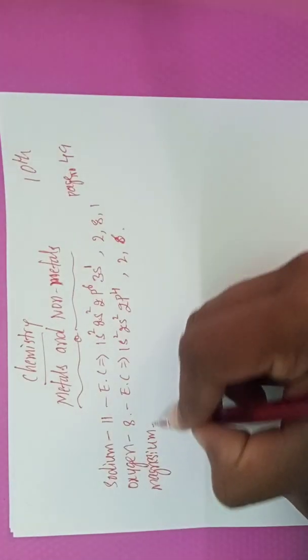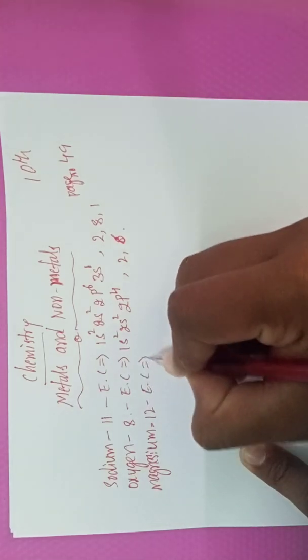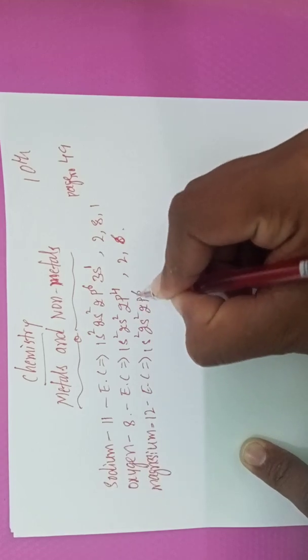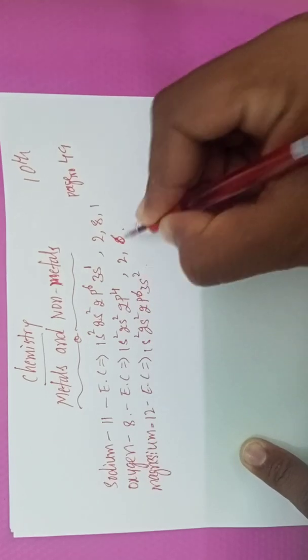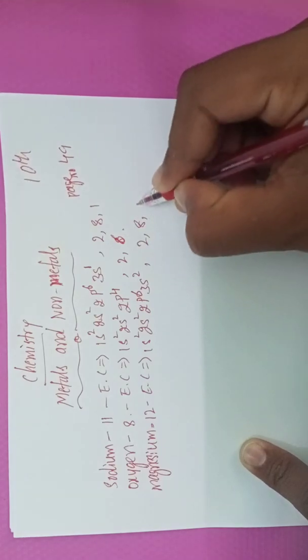In the same way, magnesium atomic number is 12 and the electronic configuration is 1s2, 2s2, 2p6 and 3s2. Simply 2, 8, 2.